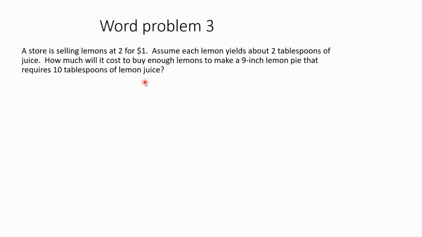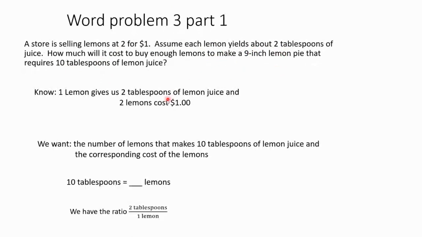All right. So really what they're asking is, if each lemon can yield 2 tablespoons of lemon juice, right? And 2 lemons cost $1. We want to know first, how many lemons do we need to make 10 tablespoons of lemon juice? And how much is that going to cost us?